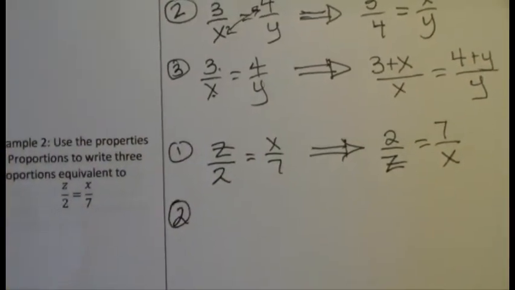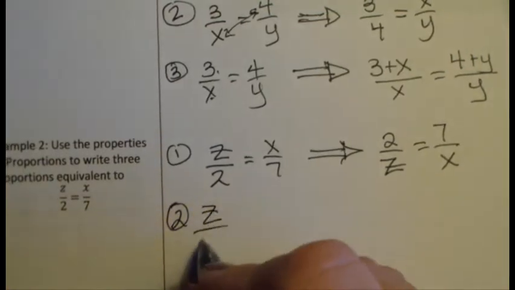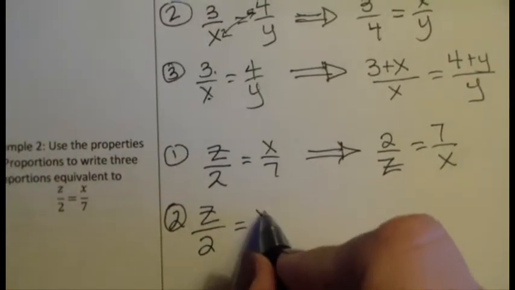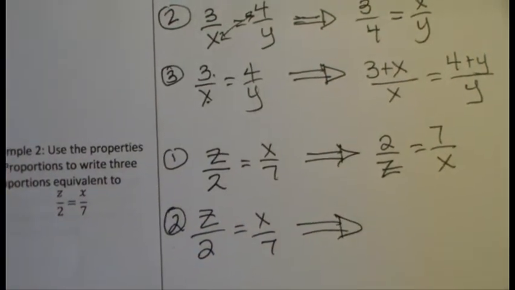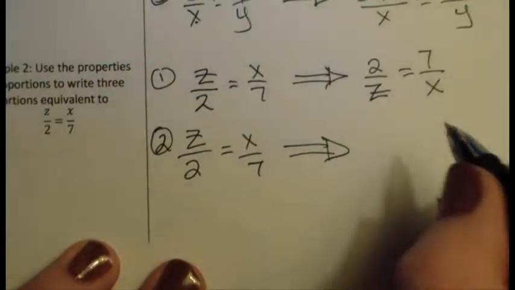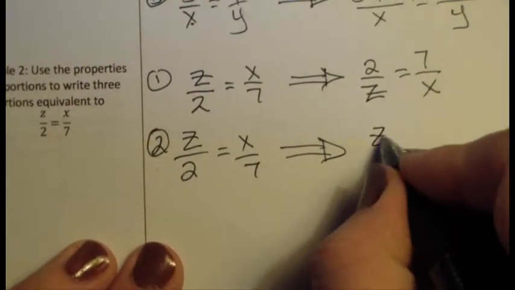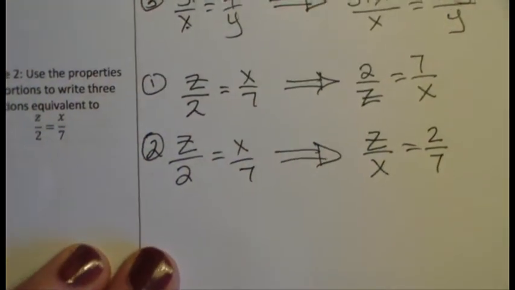Using the second property, our original is z over 2 equals x over 7. This is where we interchange the means. So this is going to be equivalent to z over x equals 2 over 7.